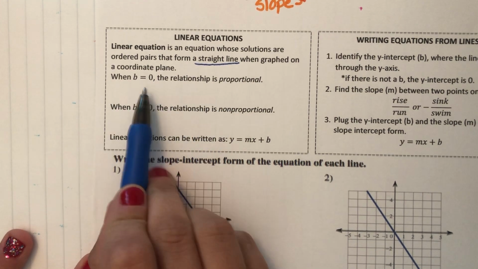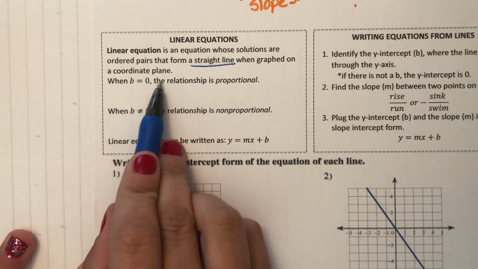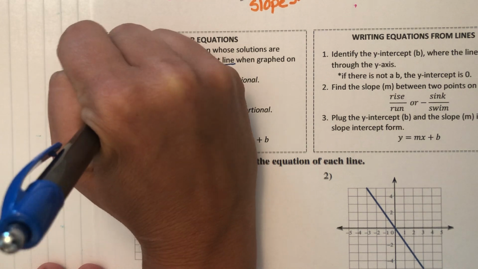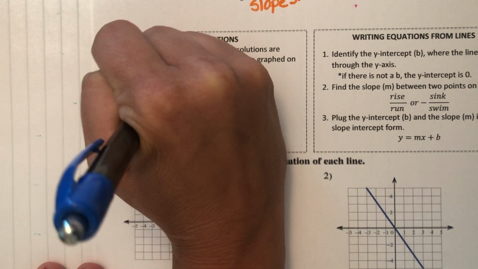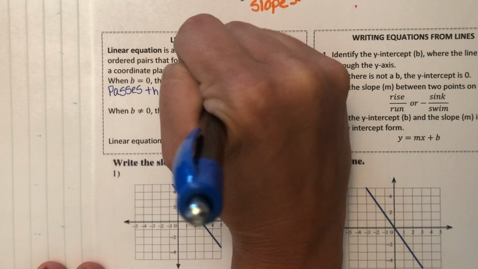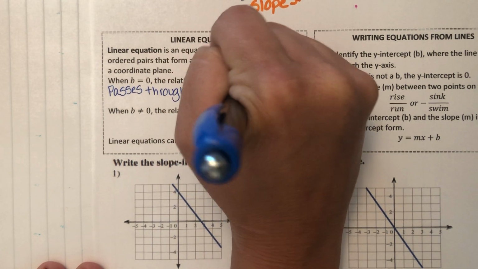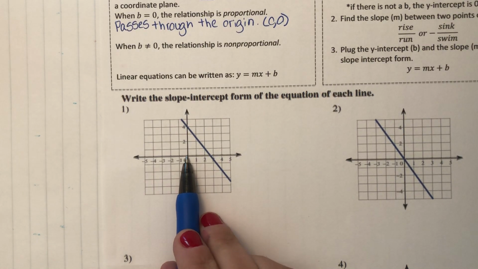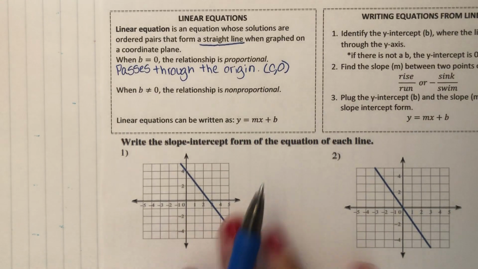That means our line passes through the origin. And remember, the origin is (0, 0), so it passes through the center of our coordinate plane.